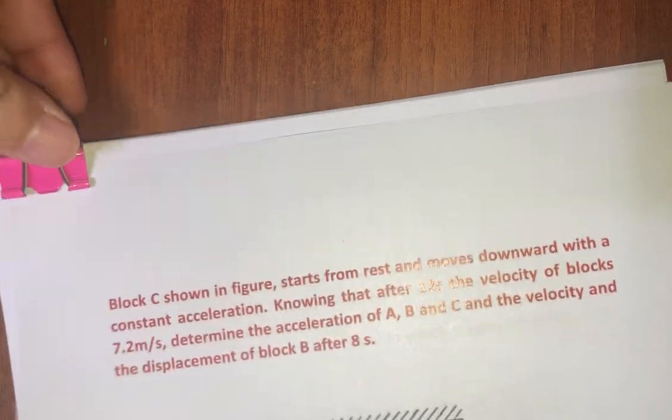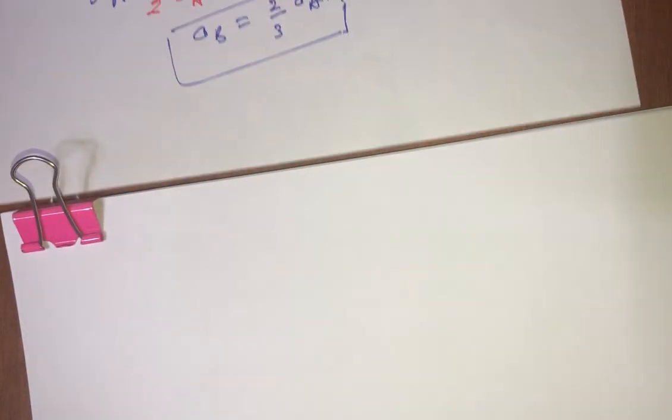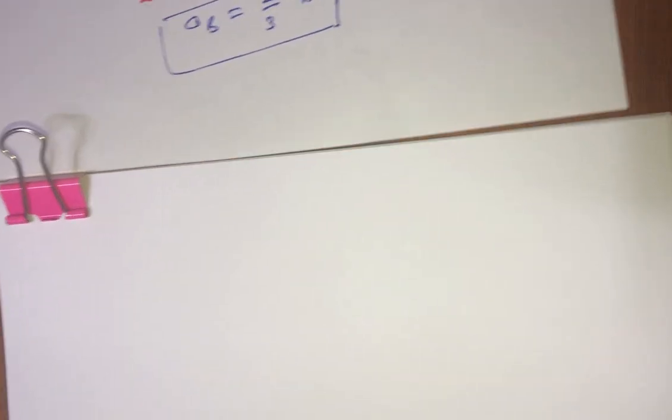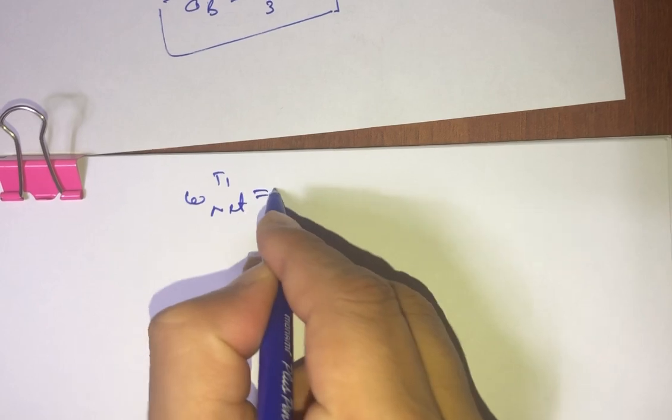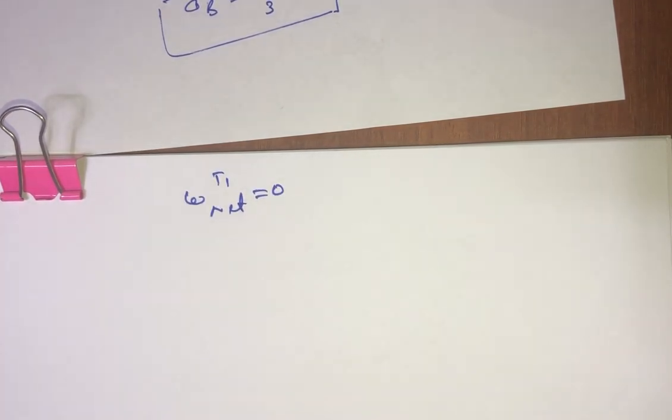Now similarly, we are going to use work done in tension 1 net equal to 0. So we have here 2 blocks.